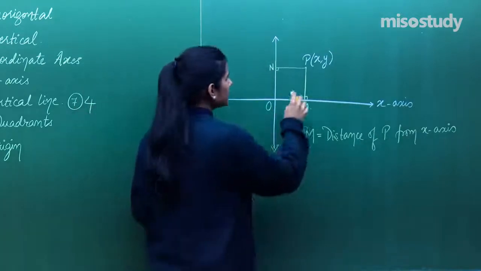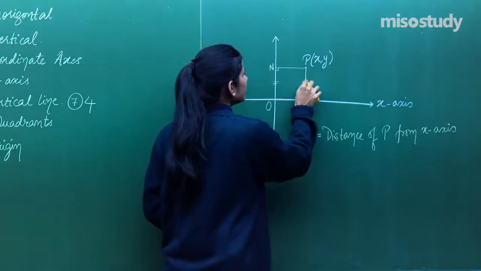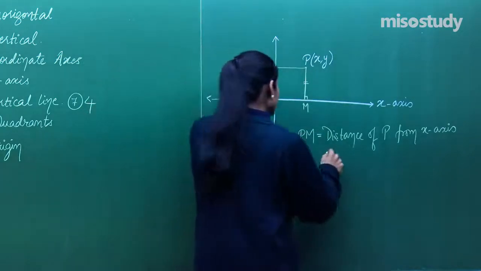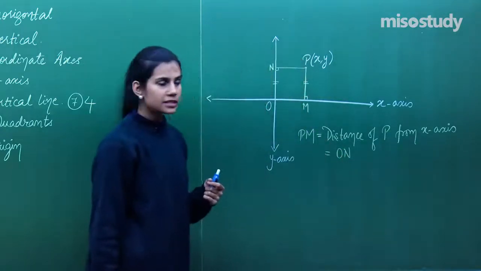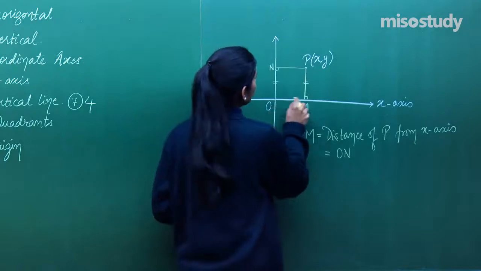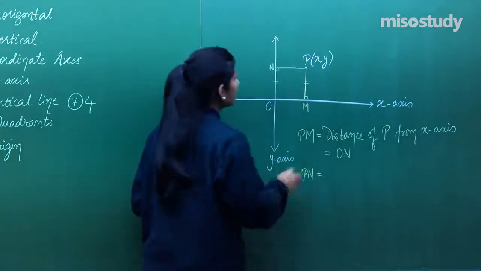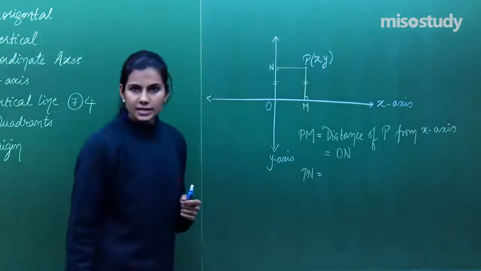Please try to understand, whatever is PM, the same is ON. This and this, they both are going to be the same. So I have PM the same as ON. Also, what is PN? From P, I have drawn a perpendicular on the line that is the y-axis.